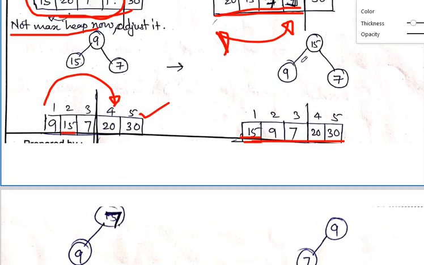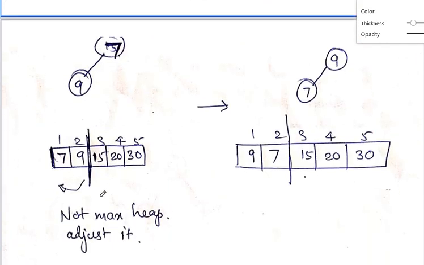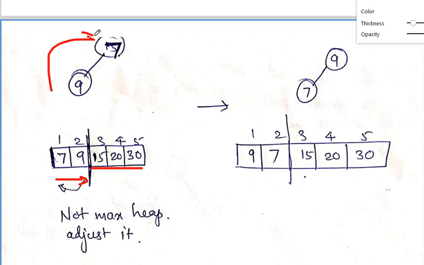After this, 15 has to be deleted out of these three elements. If 15 is deleted, it will occupy the third last location. So it will be here. Once 7 and 9 remain, again with the maximum consideration, the 9 should be at the root location, so it has been swapped with the 7. This is how the arrangement will look.